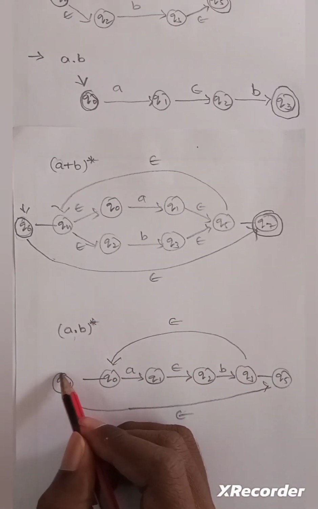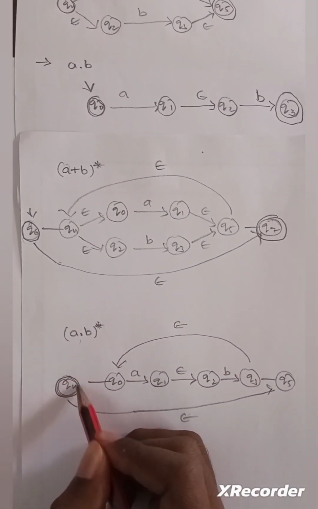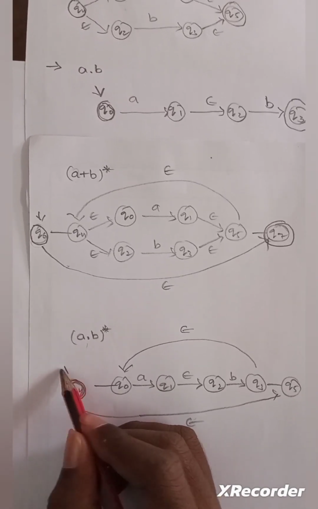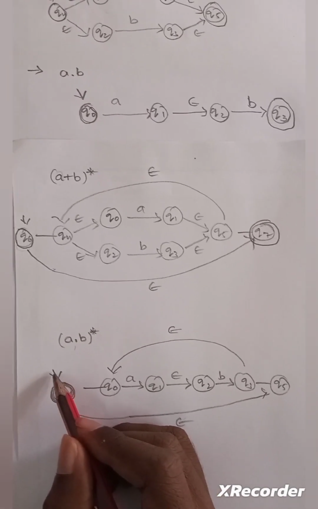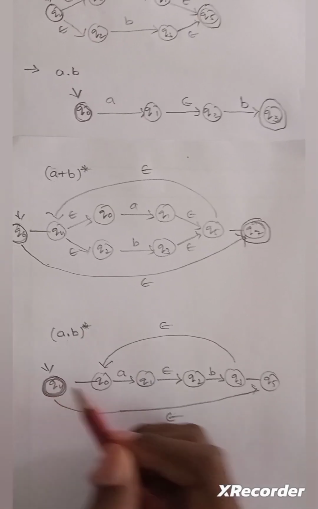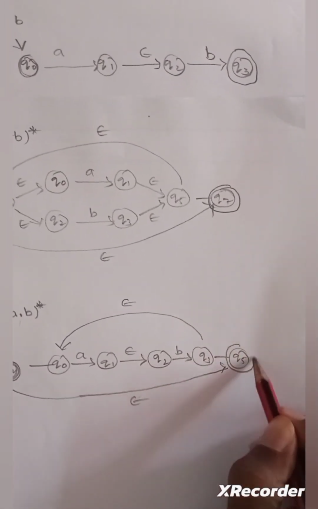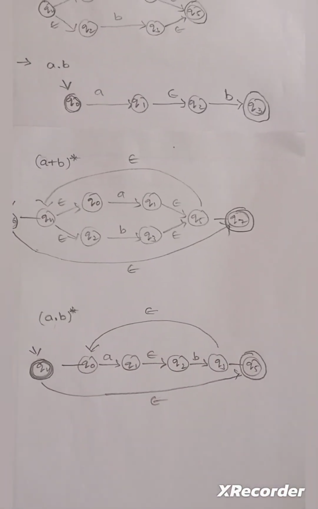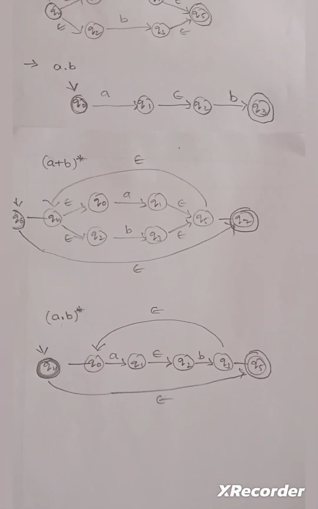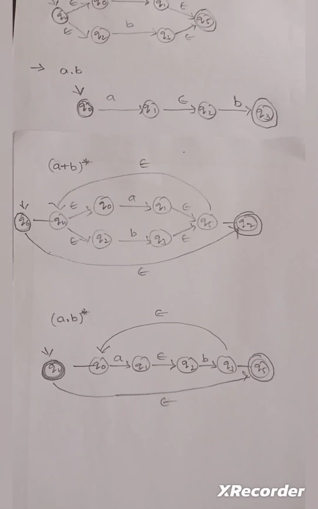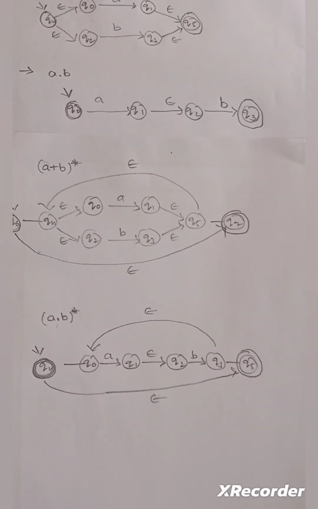And here q4 will be the initial state, represented with a single circle with an arrow pointing towards it, and q5 will be the final state, represented with a double circle. So this is how we convert the regular expression (a.b)* to finite automata.